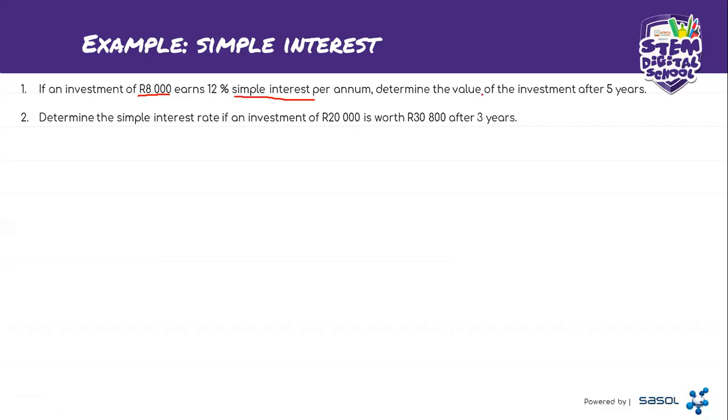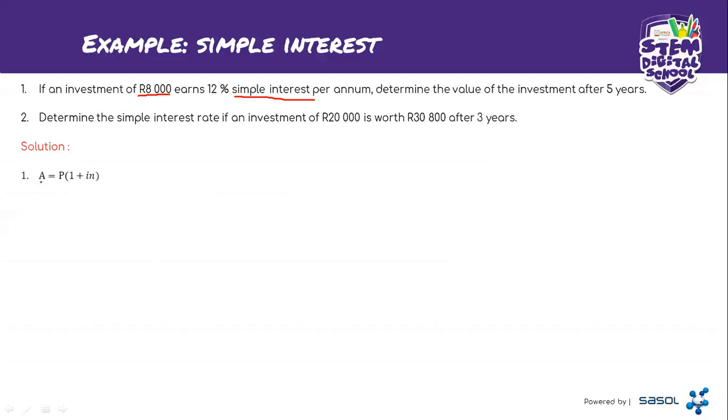Determine the value of the investment after 5 years. The value of the investment after 5 years, meaning we want to know after 5 years how much money we are going to accumulate, which is the value of A. Now let's see how you go about it.